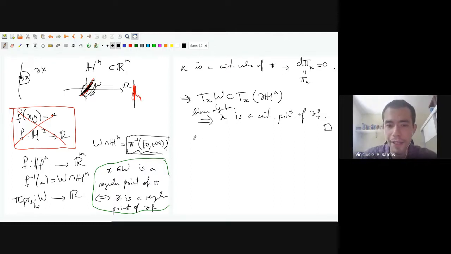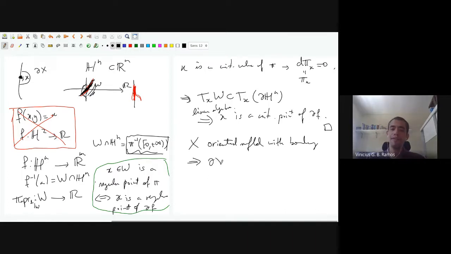If X is a manifold with an orientation, so an oriented manifold with boundary, then what we showed last time is that the boundary of X admits a natural orientation.